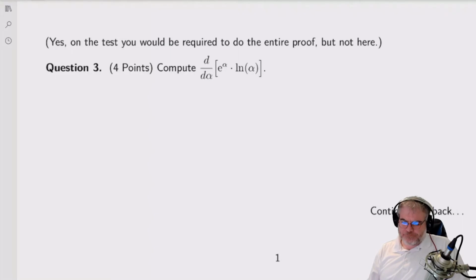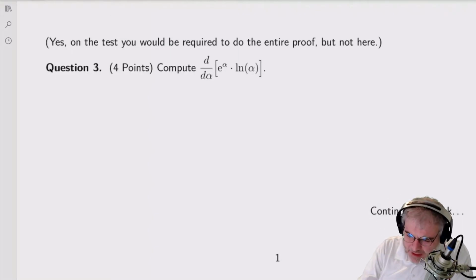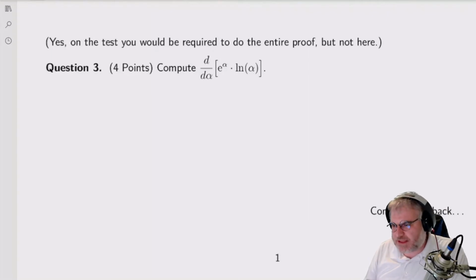Okay. All right. Well, let's do one of these. And I don't know if they're going to show up on the test. So last semester, on all of those tests you've had, either prove the product rule or prove the quotient rule, or an option to choose which one you wanted to prove. I don't know what it's going to look like this semester.